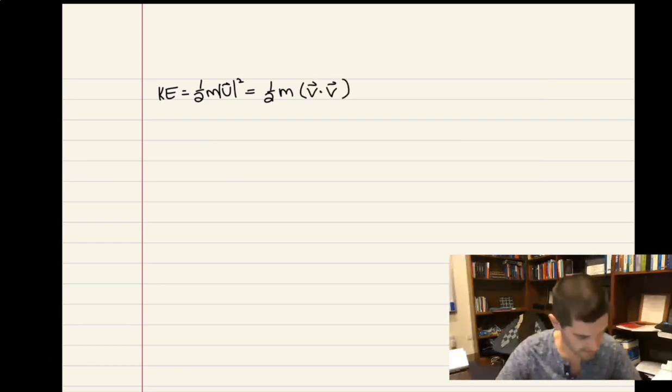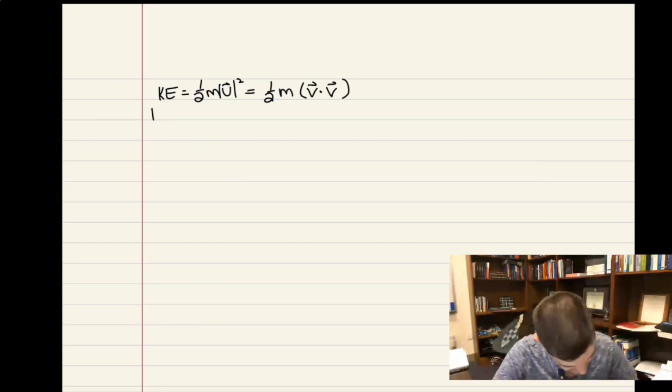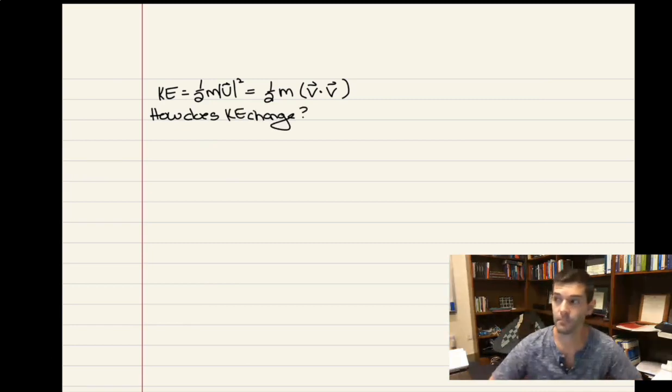And now we're going to ask, how does kinetic energy change? Change is a word for the derivative, or rather derivative is a fancy word for change. So what I'm asking here, I could actually be more specific.